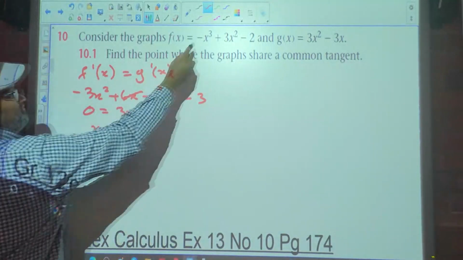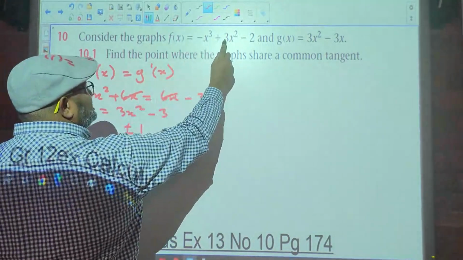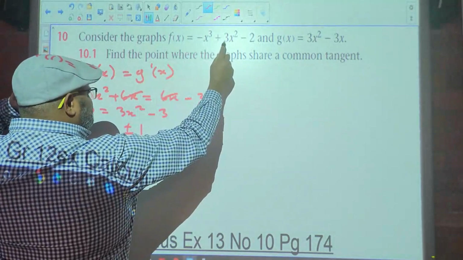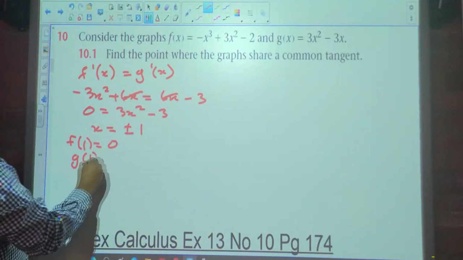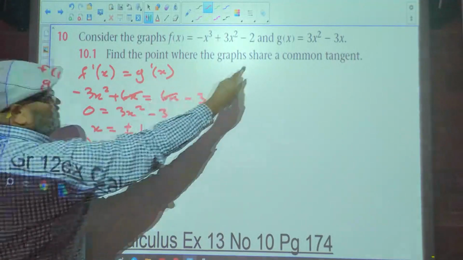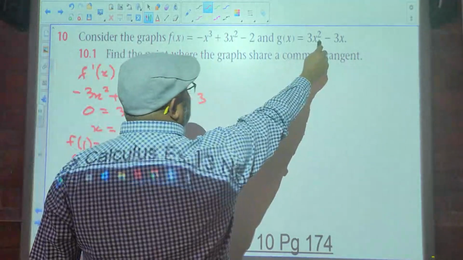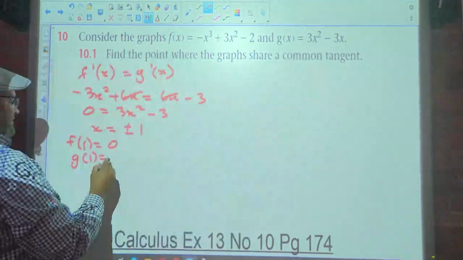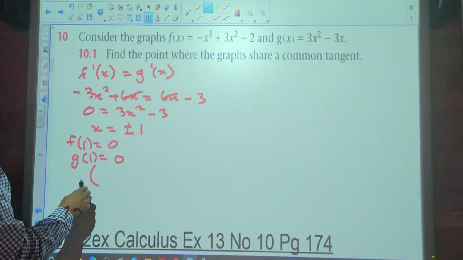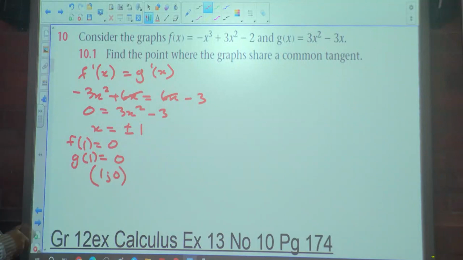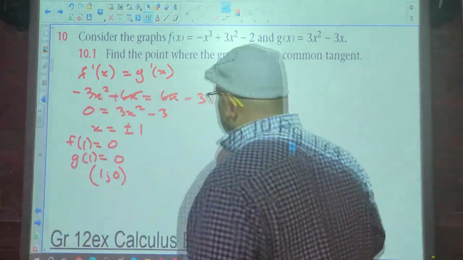So f of 1 is equal to, I put 1 through here, it's going to be negative 1 plus 3 is 2, and 2 minus 2 is 0. Then you work out g of 1. It's going to give you 1 times 3 is 3, minus 3 is 0 again. So according to the first sum in number 9, they're looking at it to be also the point of contact. Okay. Let's work on the other side.